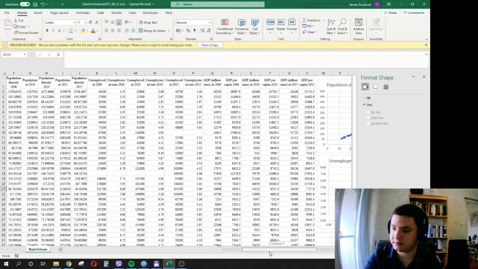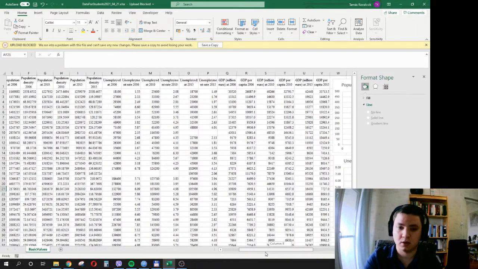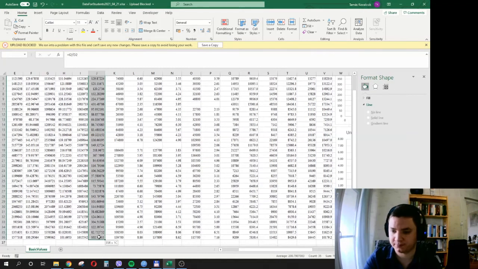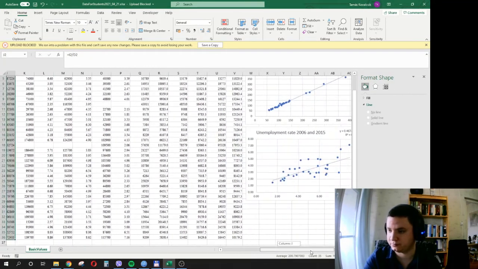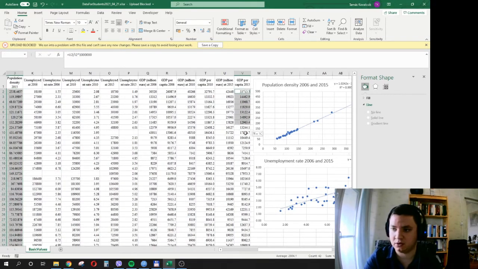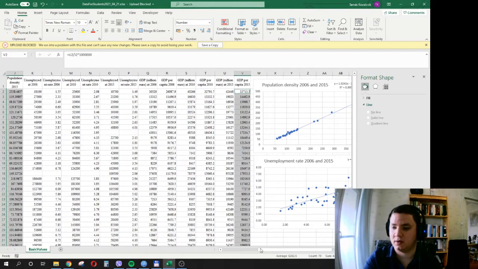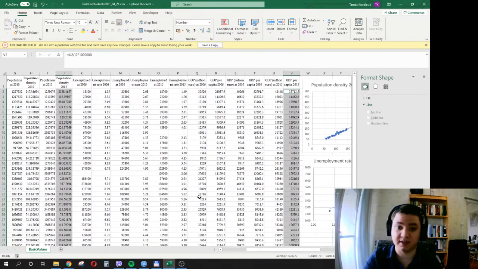And after that, we can also compare different kinds of variables. For example, the population density and the GDP per capita. But there will be two outliers.